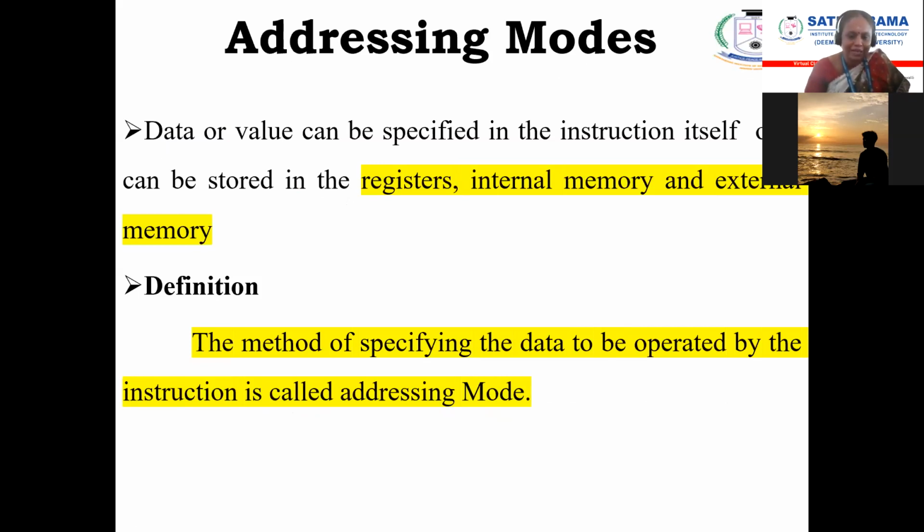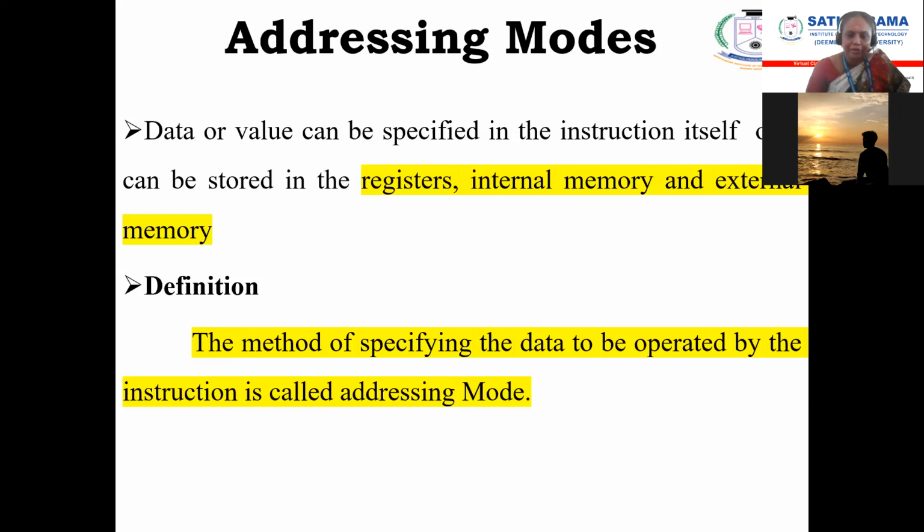Internal memory capacity is 256 bytes of data memory. External memory capacity is 64 KB.